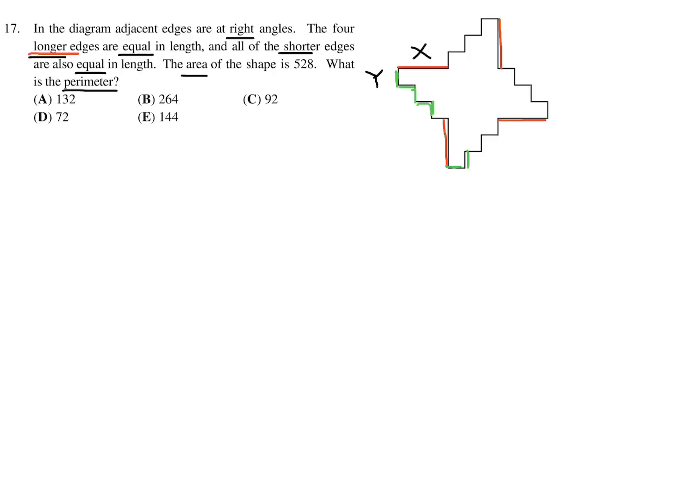Now what I'm going to do is break this shape up into different smaller squares, like that. The hope is that when you draw it out like that, you can see that this shape is essentially a whole bunch of identical squares put together.